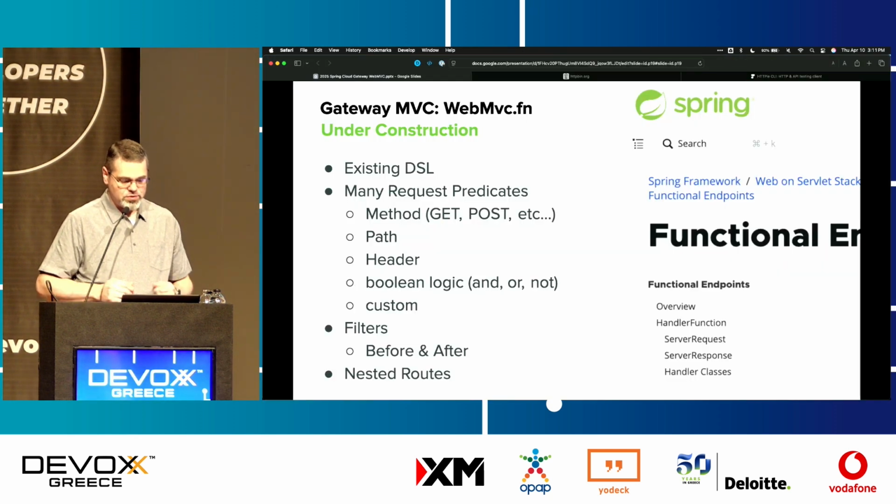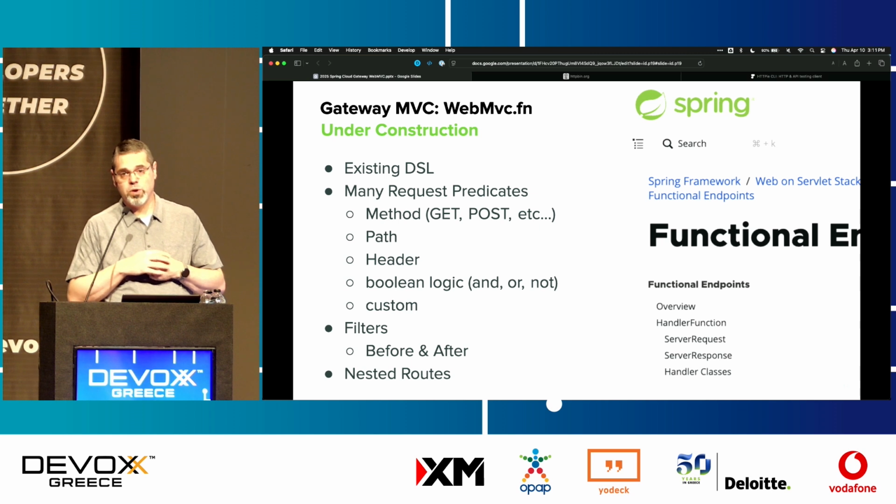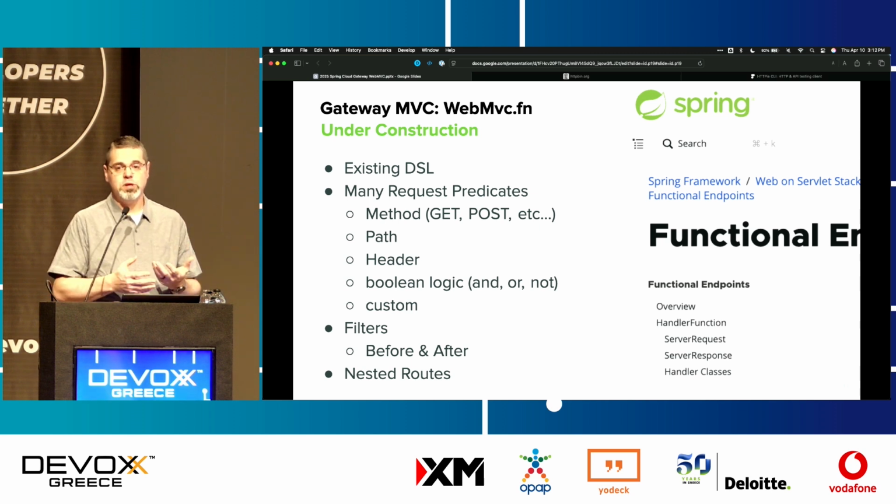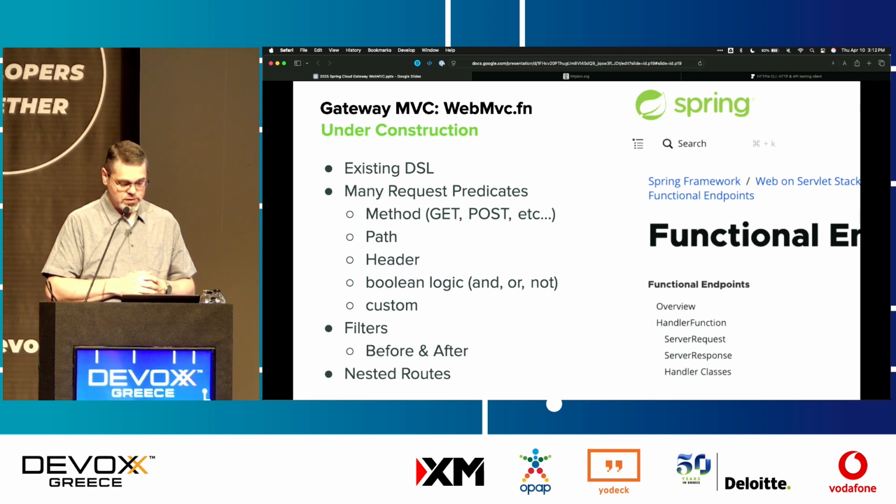Great. So when I was building this, I'm going to reuse this functional DSL. It already comes with a bunch of ways to match. We have HTTP method, path. It already has operators for Boolean logic: and, or, and not.